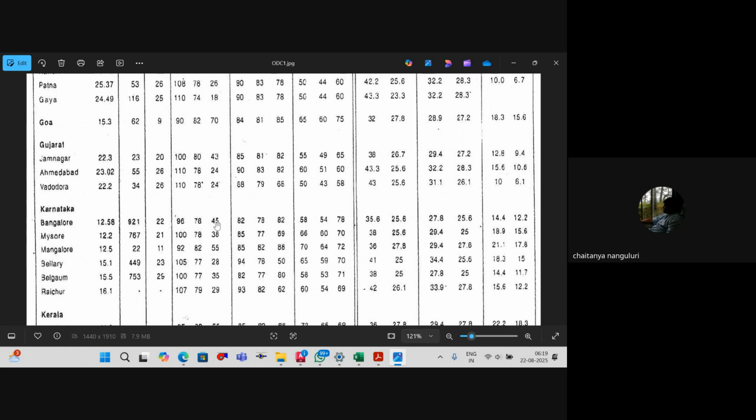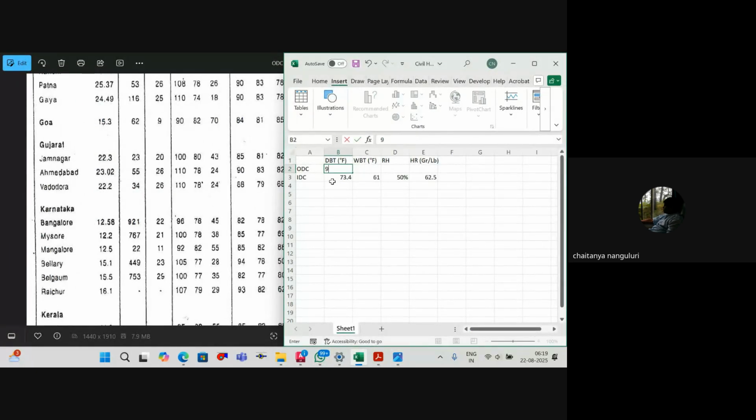You agree? So outdoor condition is 96 degree Fahrenheit. Wet bulb is 78. 45 for summer.